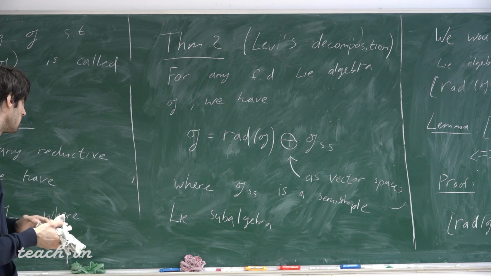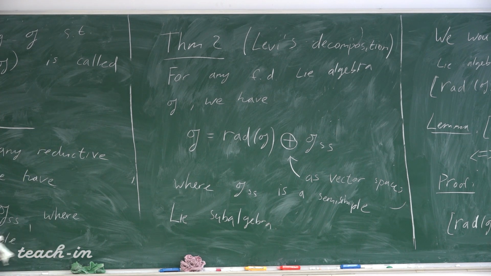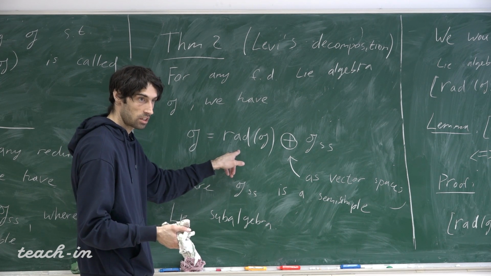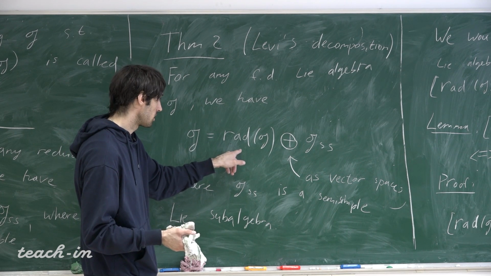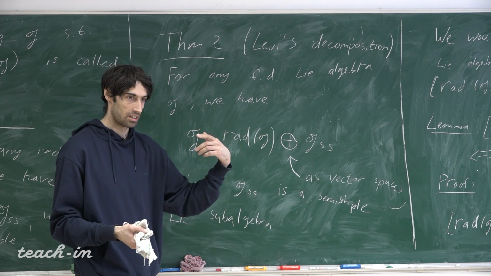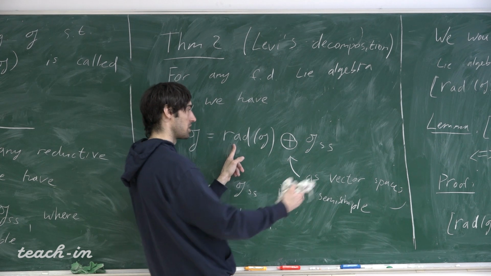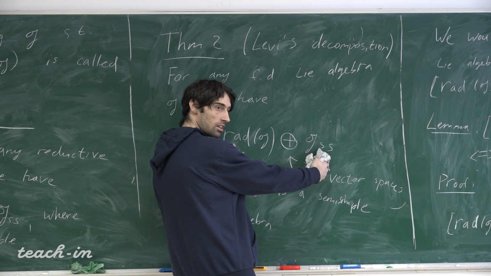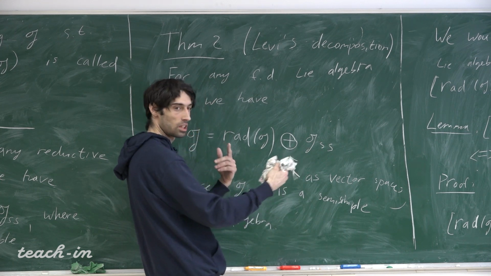Of course, from theorem 2, we have theorem 1, right? Because if I have a reductive, then radical coincides with center, but then of course, center commutes with everything, right? So therefore, if I take something from center and something from GSS, then compute commutator, it will be 0.